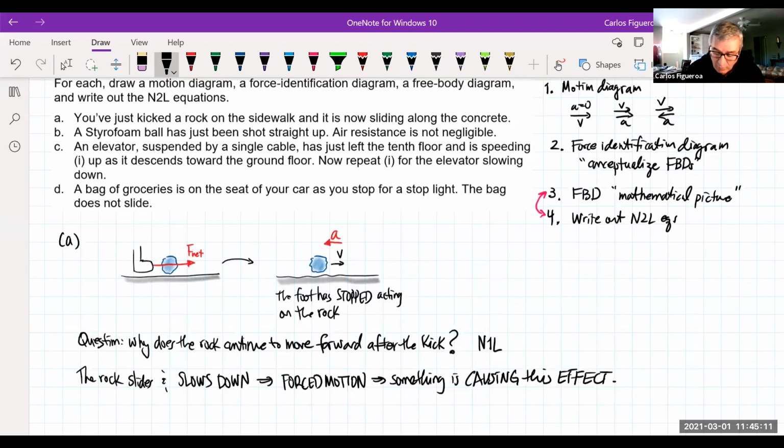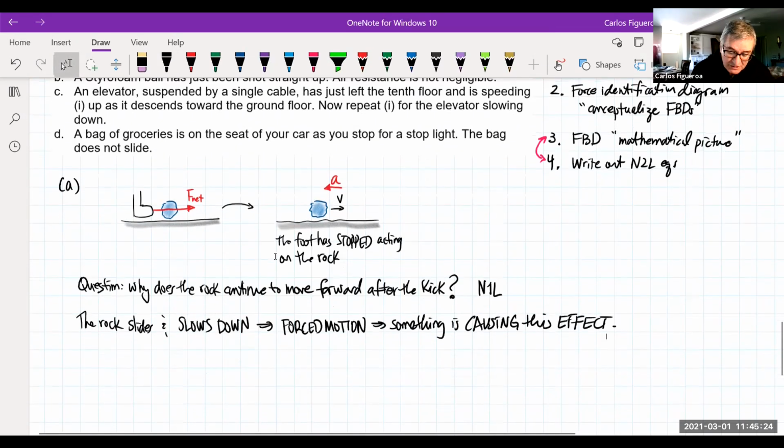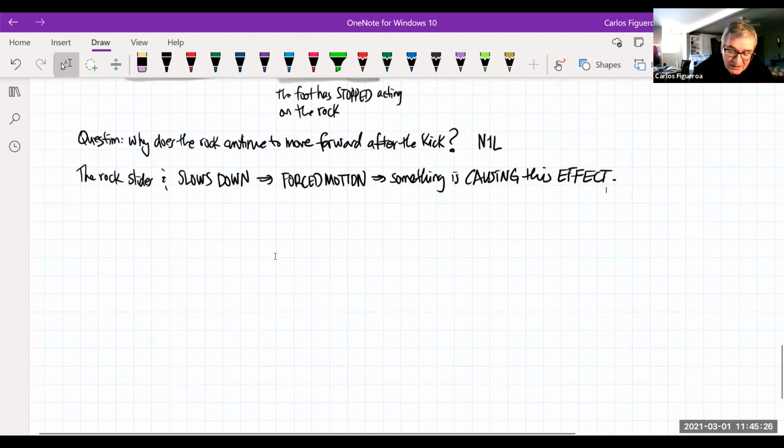So now what happens here? Now I want to conceptualize this whole process. Just to get a sense of what is going on, I imagine I have my surface, and then of course I have my rock.